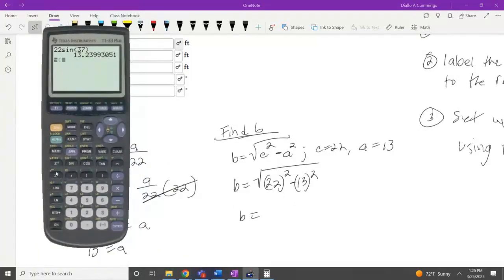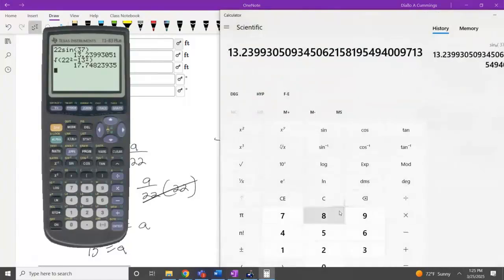So this is the square root of 22 squared minus 13 squared. And if we round to the nearest foot, we should get 18. Now, if you're using this Windows calculator, there's not a real easy way to put that in.